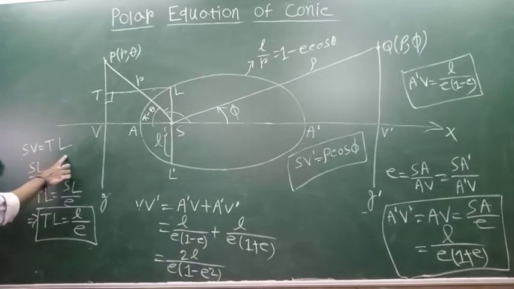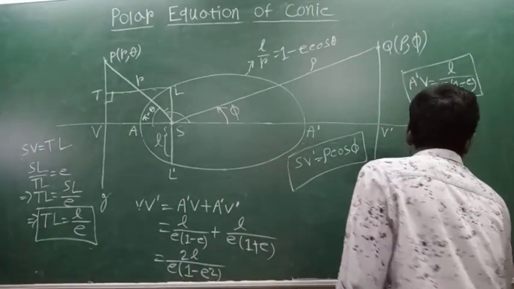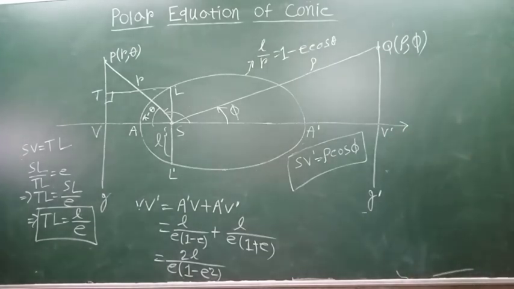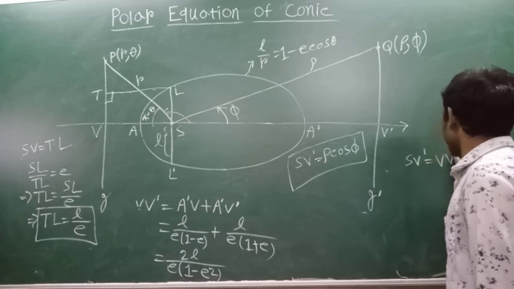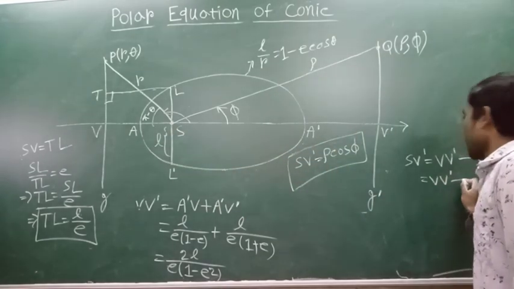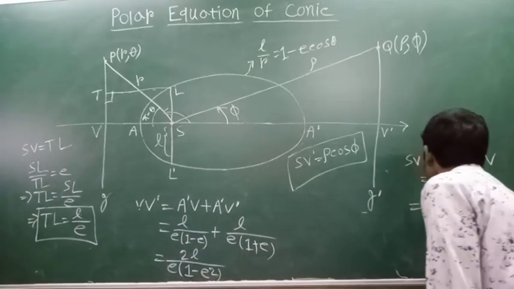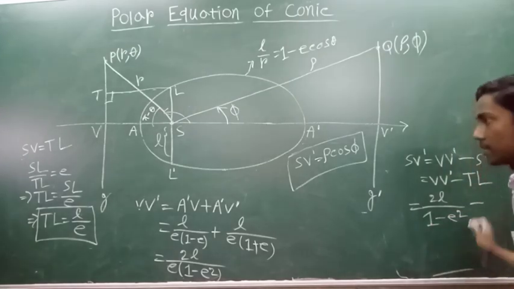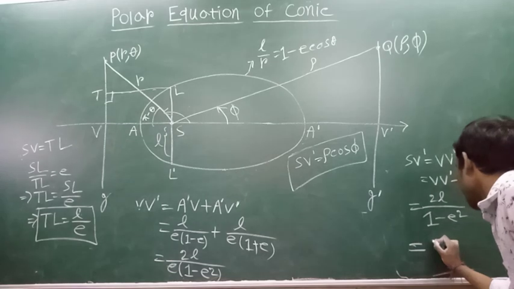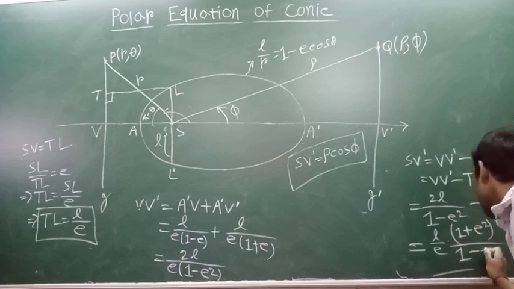We have already derived SB is equal to TL, which is equal to L by E. So we can write here that S V dash is equal to V dash minus SV, which is equal to V dash minus TL. Now V dash is equal to 2L by 1 minus E square, minus L by E, and if you simplify this, you will get L by E into 1 plus E square divided by 1 minus E square.